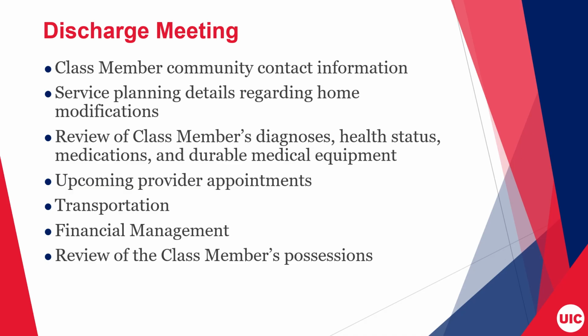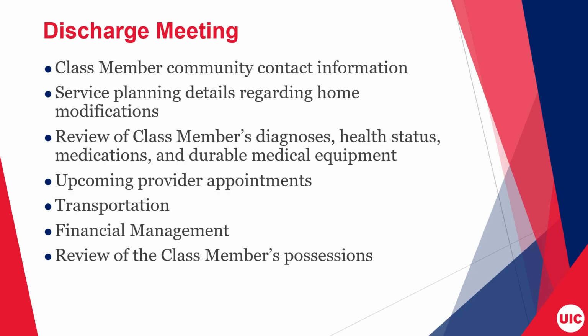Finally, the document reviews the class member's possessions to ensure that a plan for packing and moving all items, including those in storage or difficult to move items, is in place. The meeting should also include a review of the class member's backup plan, service plan, and the transition checklist to ensure that every element of the class member's transition has been reviewed.